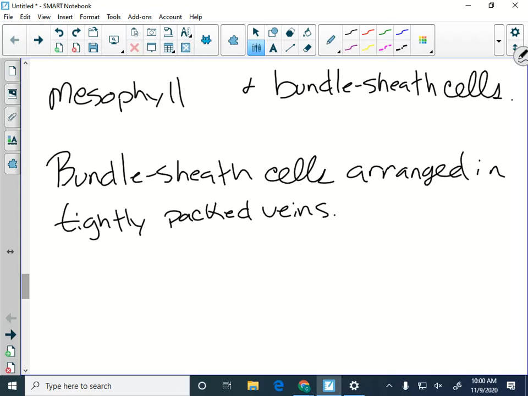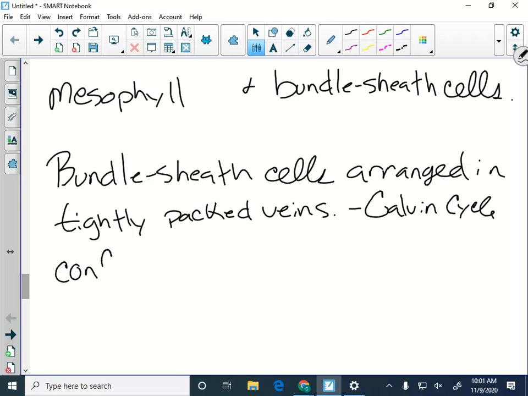So our Calvin cycle is confined to the chloroplasts of bundle sheath cells. So this is where our Calvin cycle takes place.